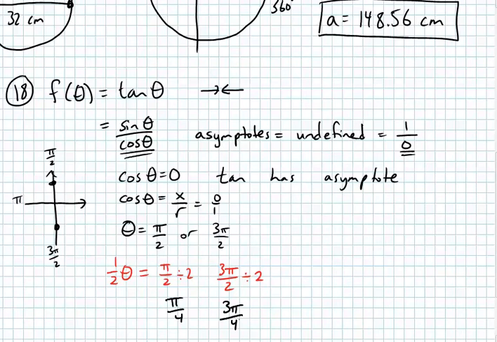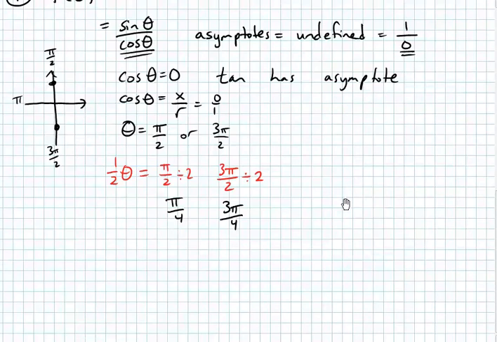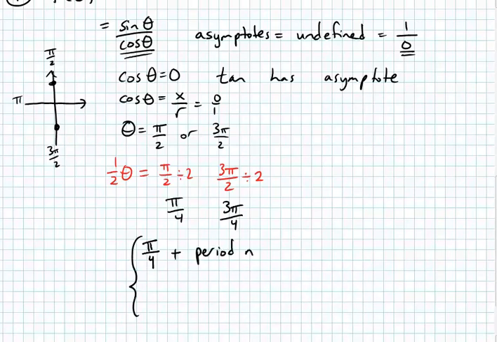Okay, so now I need to express this in a general form. What I can do is take my original answer and add the period n times. So I need to find out what the period is.